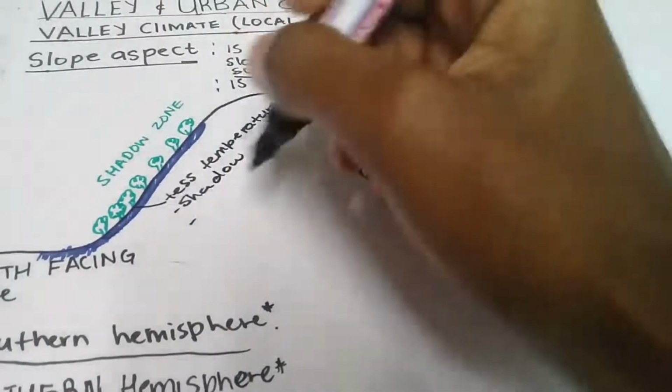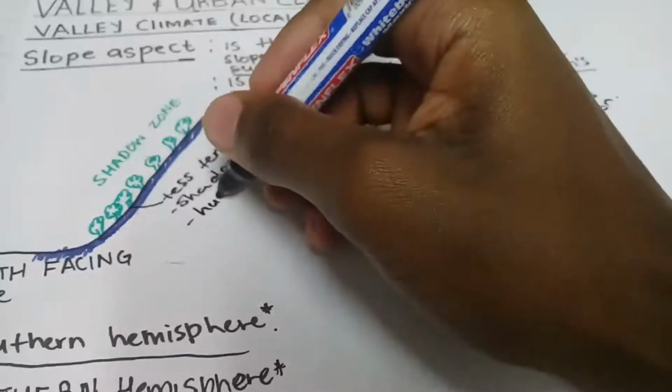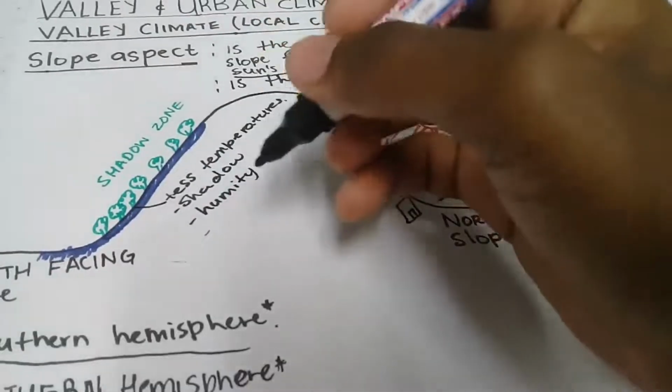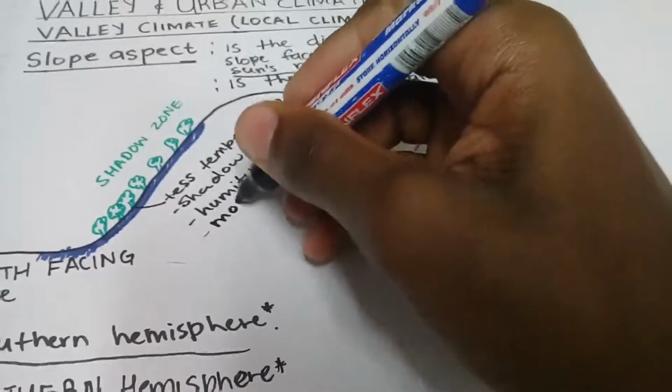Number 3, this shadow zone will have a lot of humidity, always staying there, not being evaporated. Will experience a lot of moisture content.